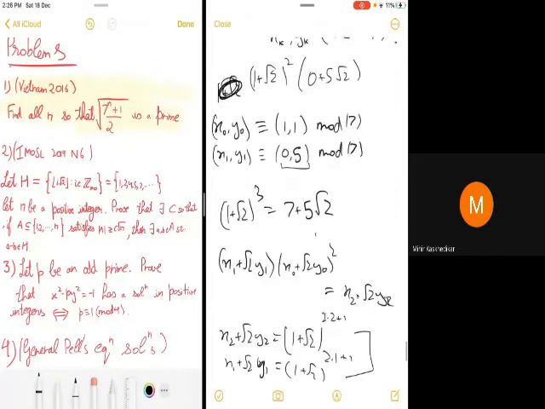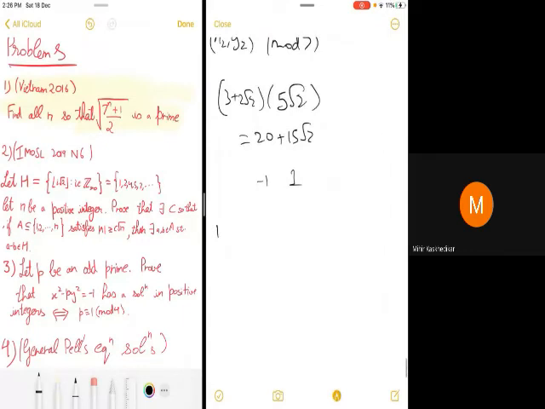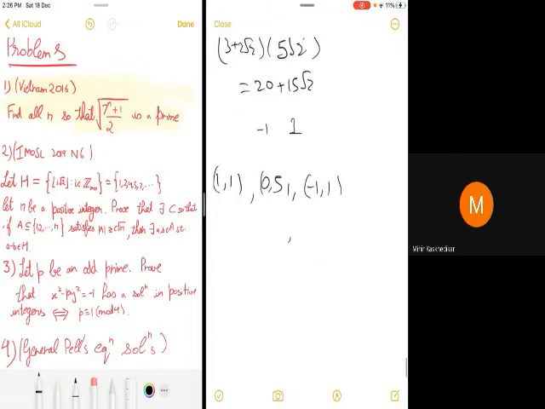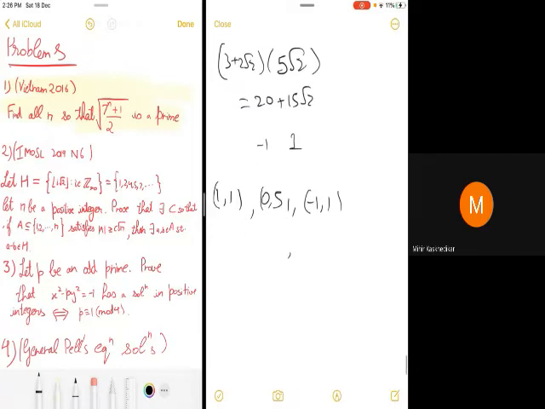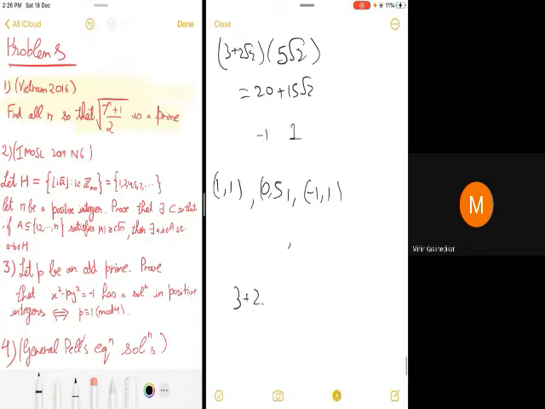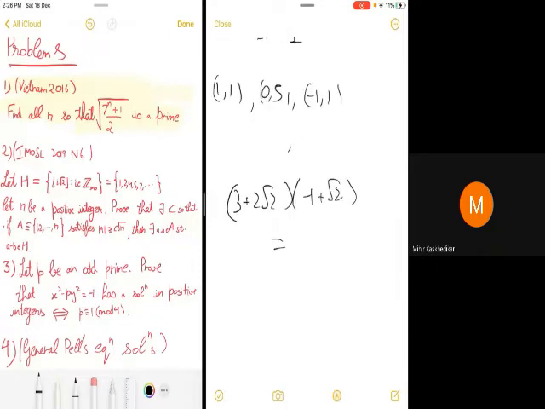So we get first 1, 1, then 0, 5, then minus 1, 1. And then this times 3 plus 2 root 2: (3 plus 2 root 2) times (minus 1 plus root 2) becomes minus 3 plus 4, which is 1, plus 2 root 2 minus 3 minus 2 root 2 plus 3 root 2, which is root 2.